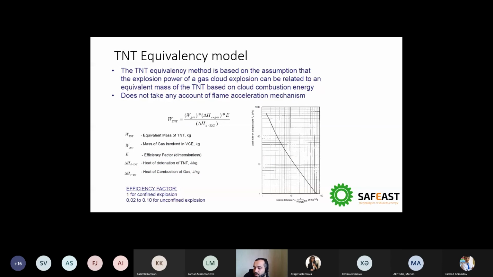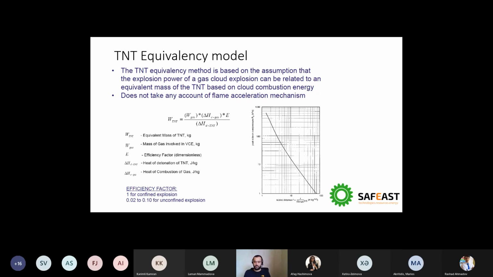One of the oldest models, I would say, is the TNT equivalent model, which is what we used to do many years ago. The assumption is that the explosion power of the gas can be related to an equivalent mass of TNT. So you say, this is the amount of flammable gas I have, and this is the equivalent X kilograms of TNT, and you take the hazard contours of the TNT explosion.